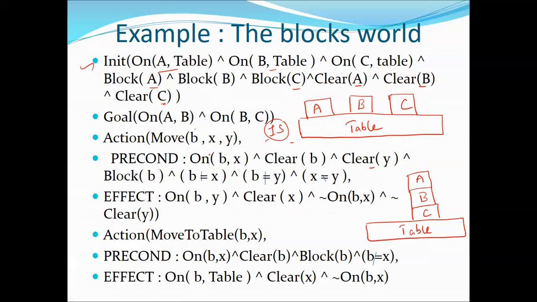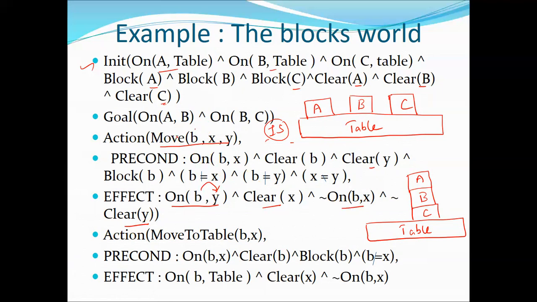After applying this action, block B will be on top of Y. X will be cleared. There is nothing on top of X, and no more B is on X. That is, not on B over X. Okay, and not clear of Y. Previously Y is clear. Now Y is not clear.